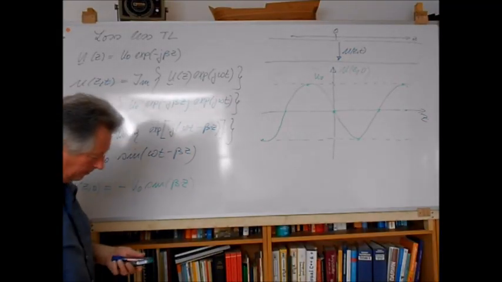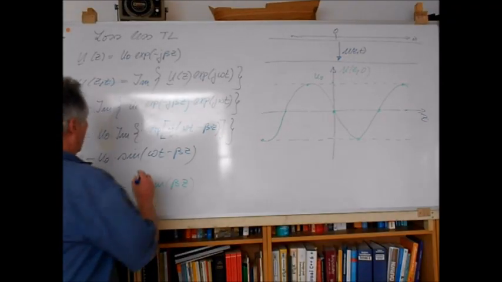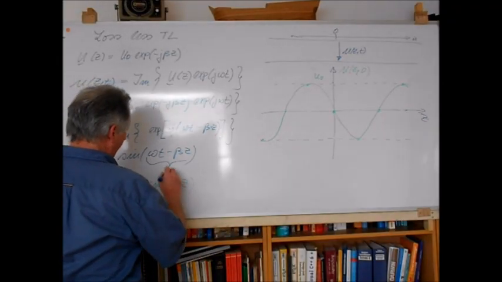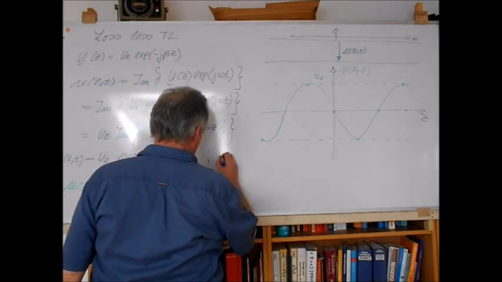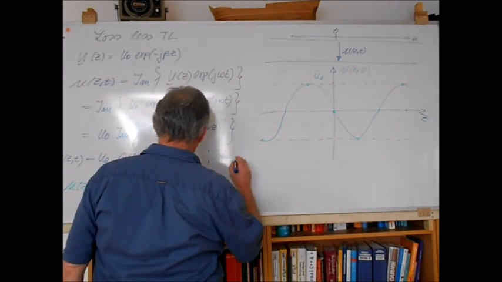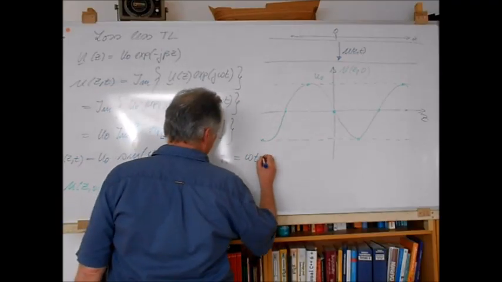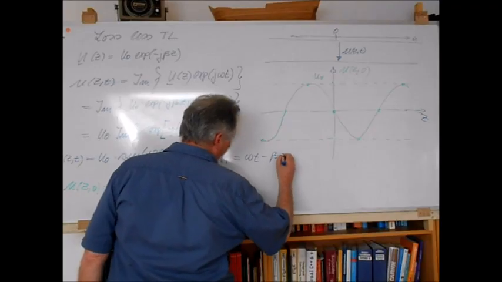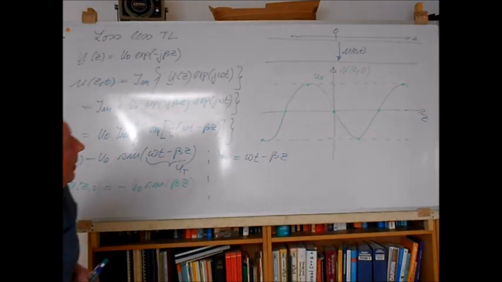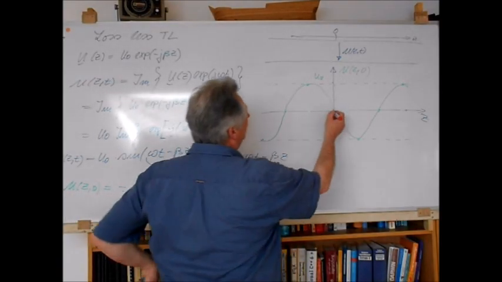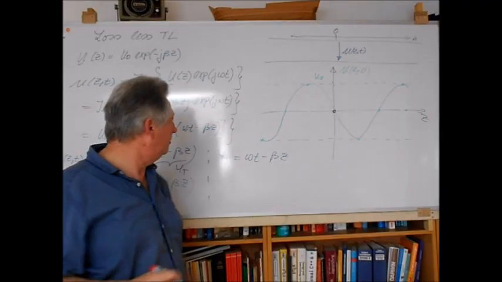Again, we can define, for example, this to be the total phase. Then the total phase is equal to omega t minus beta times z. Of course, we could now ask what will happen with the total phase 0. The point of total phase 0 would be this red point.